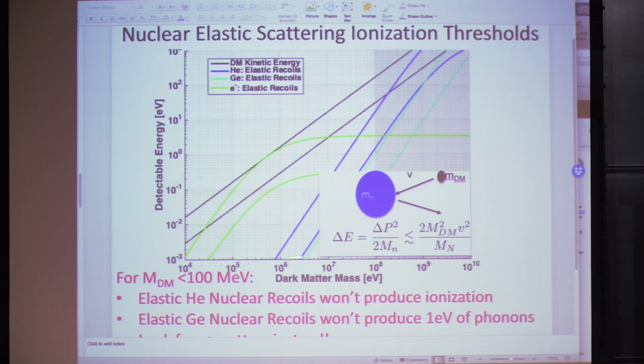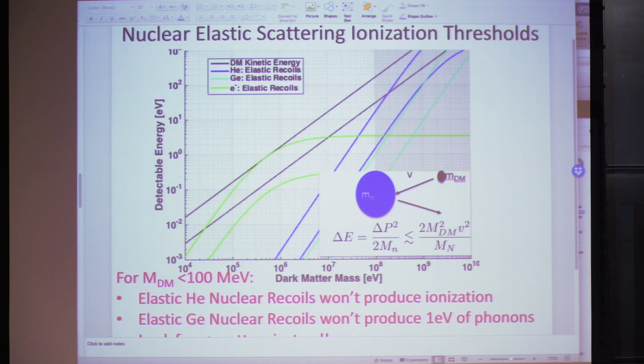So as we go down in dark matter mass, the recoil energy for elastic nuclear recoil scatters goes as 1 over m squared. By contrast, the kinetic energy in the detector in the dark matter particle just goes as 1 over m. So it's much less sharp.